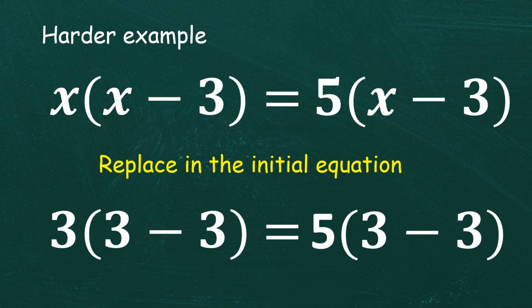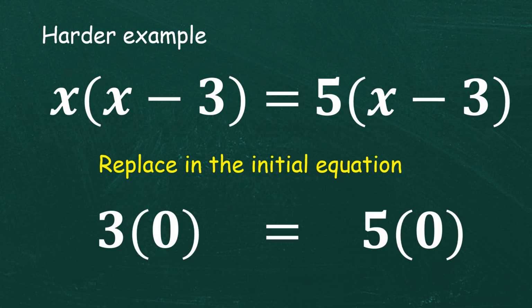Let's investigate. Replace x with 3 in the original equation. On the left, we get 3 multiplied by 3 minus 3. That becomes 3 multiplied by 0, which is 0. On the right, we get 5 multiplied by 3 minus 3.